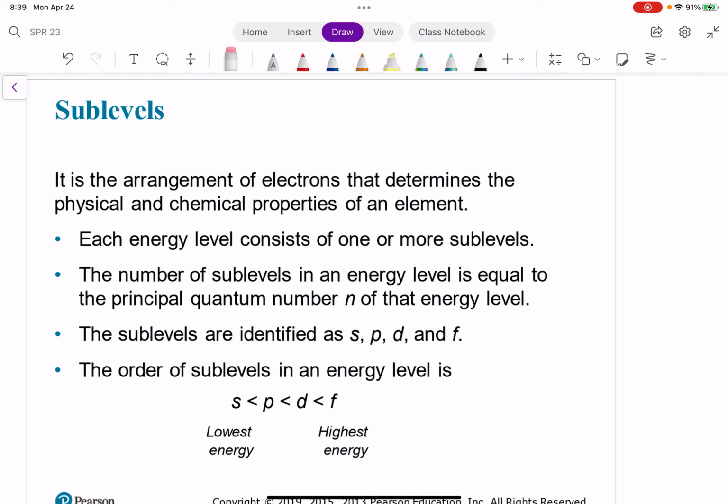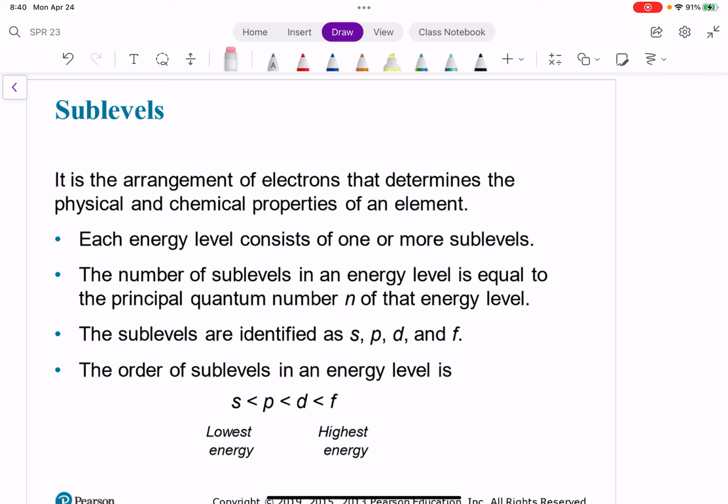Let's keep going here. So, sublevels. It's actually the arrangement of electrons that determines the physical and chemical properties of an element. So electrons are really important. We ignore them when it comes to mass because they're very, very small, but in many other ways, they are the backbone of chemical bonding. Each energy level consists of one or more sublevels.